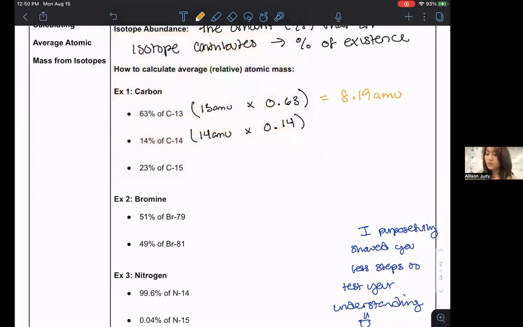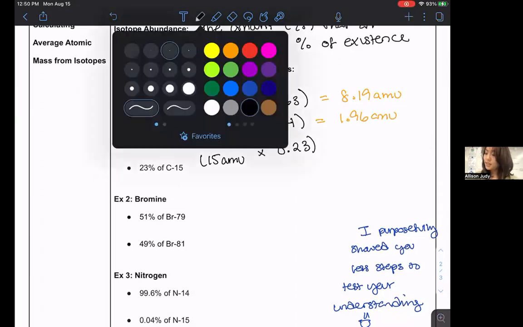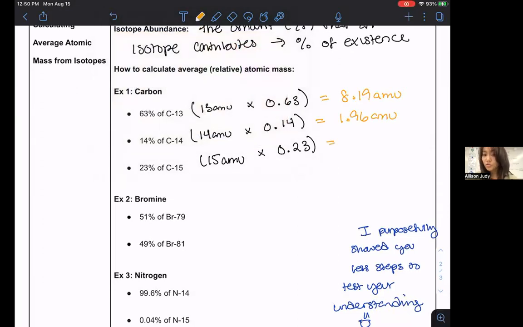This is equal to about 1.96 AMU. And of course, then we have carbon 15 with the mass number of 15 AMU, and it contributes about 23%, which in decimal form is 0.23. This is equal to about 3.45 AMU.